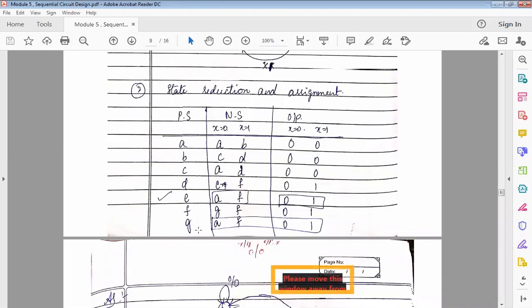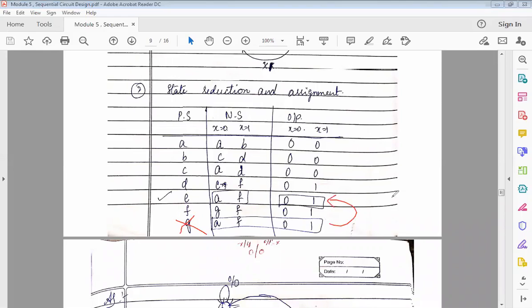Now, if you see G, the next state is AF, and the output is 0, 1. So in this case, I do not want an extra state G. Extra state G is not required. I can delete it because I already have this same information here.